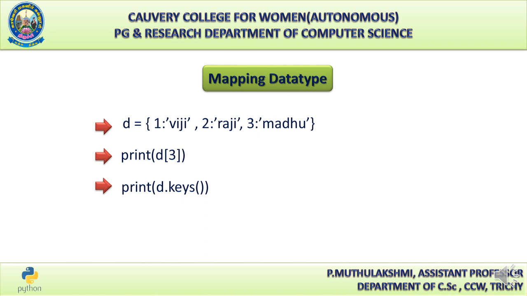Print D dot values, it returns Viji, Raji and Madhu. So keys and values functions are used to retrieve the keys alone and values alone from the dictionary data type. Up to this, we have seen about the entire data types in Python.